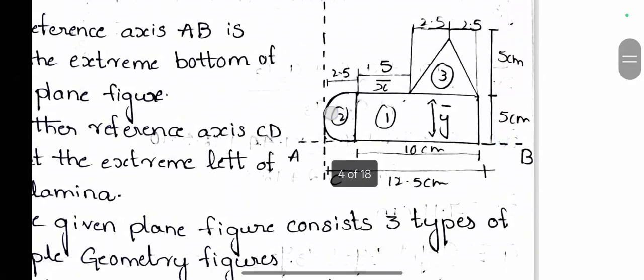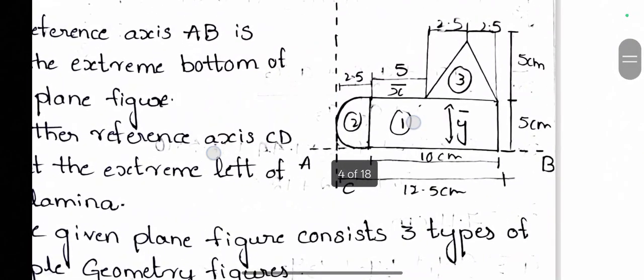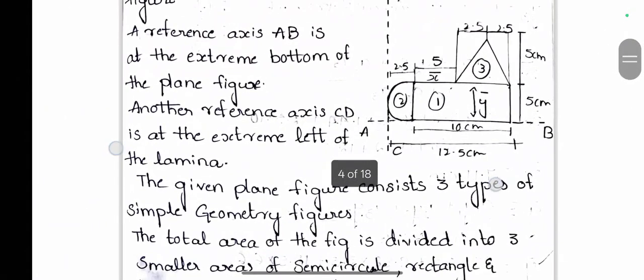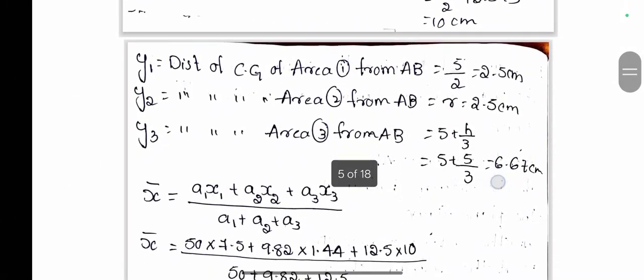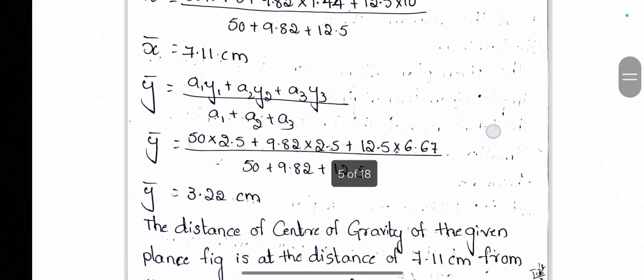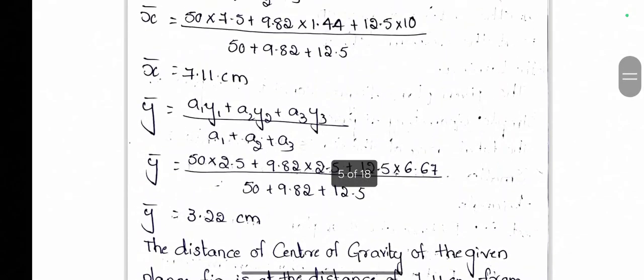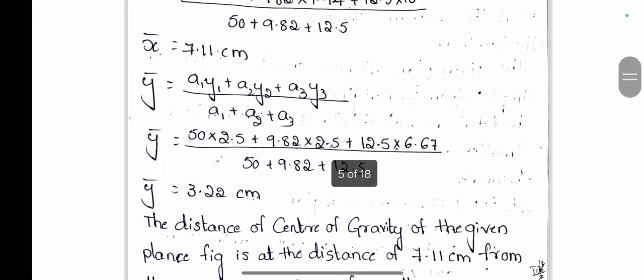From this here to here, 7.11 centimeters. Next, we need to find the vertical distance of the center of gravity from the reference axis AB, which is Y bar equals A1 Y1 plus A2 Y2 plus A3 Y3 divided by A1 plus A2 plus A3.